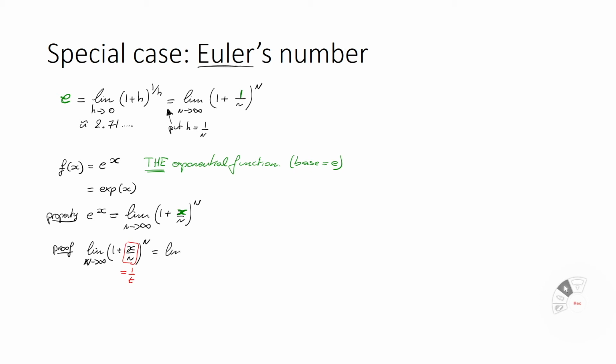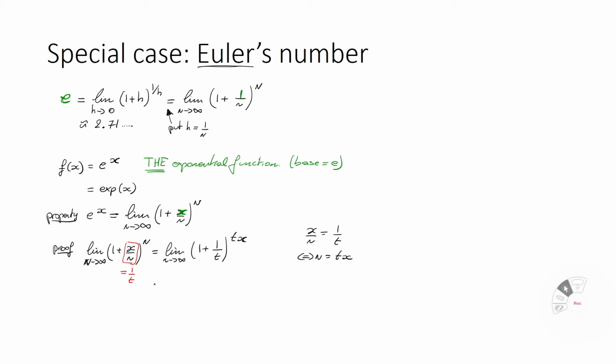So then this becomes the limit of (1 plus 1 over t). And so we have x over n is 1 over t. In other words, that means that n is t times x. So our exponent here becomes t times x.